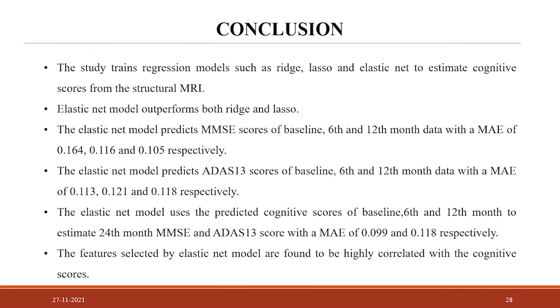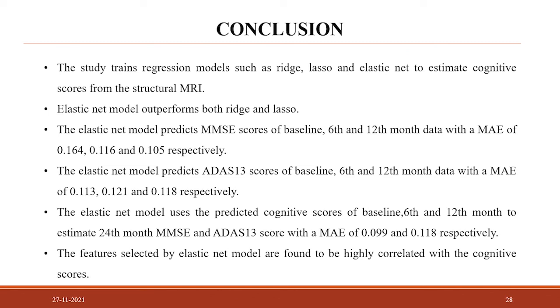The conclusion is that the study trains regression models such as ridge, lasso and elastic net to estimate cognitive scores from structural MRI. The elastic net model outperformed both ridge and lasso. The elastic net model predicts MMSE score of baseline, 6th and 12th month data with MAE of 0.164, 0.116 and 0.105 respectively.